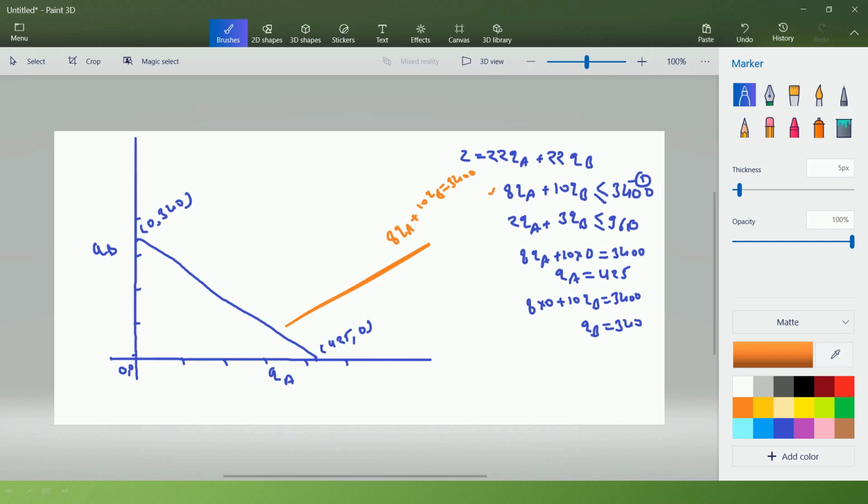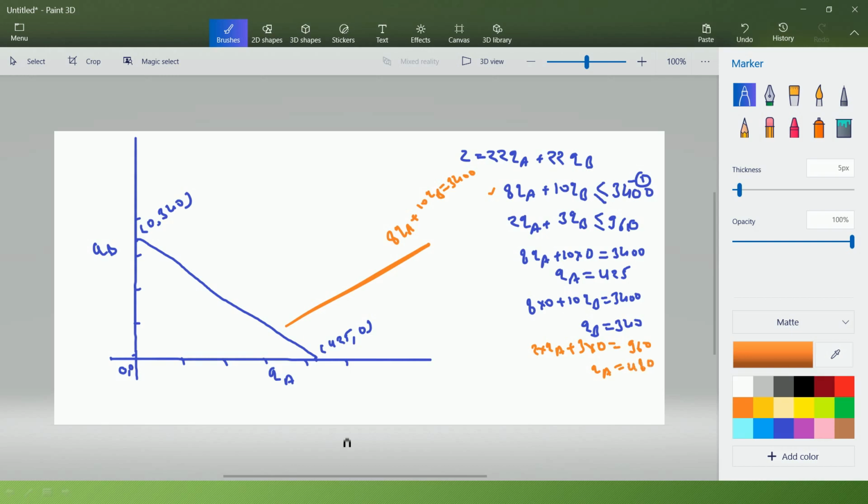Now equation 2, which is 2QA plus 3QB equal to 960. If I put QB equal to 0, 2QA equals 960, this will give QA equal to 480.